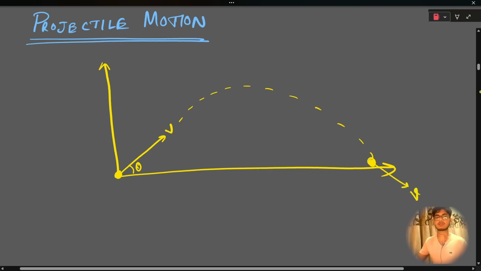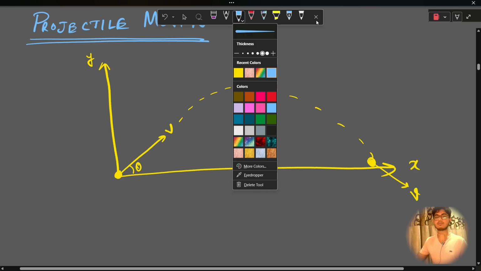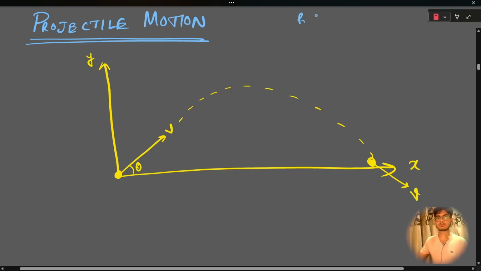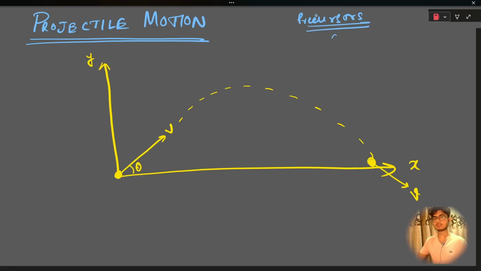Now, taking the y-axis and x-axis, we have some precursors. In the y direction, g is acting, that is, in the downward direction.